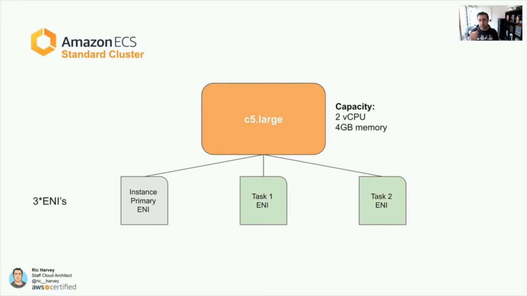And then 2 tasks are going to run, and they're each going to get their own elastic network interface. In this case, I can run my 2 primary tasks. So I've got 2 virtual CPUs and 4 gig of RAM. Well, that means I've got a little bit of wastage here. I'm only using one of my virtual CPUs and 2 gig of RAM. So I've got 50% waste on the instance. This isn't particularly cost effective.